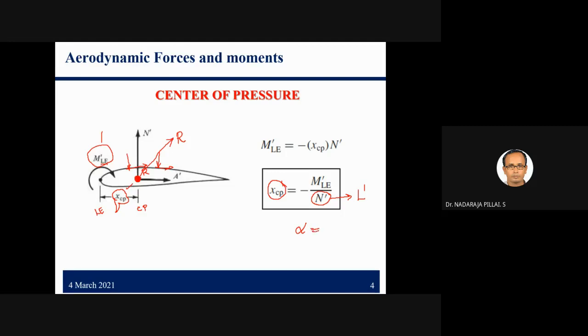I should not say it is exactly 0, but it can be nearly 0, right? So if we consider that, then we can say that XCP is approximately MLE by L dash, since N dash and L dash are almost equal. Okay.